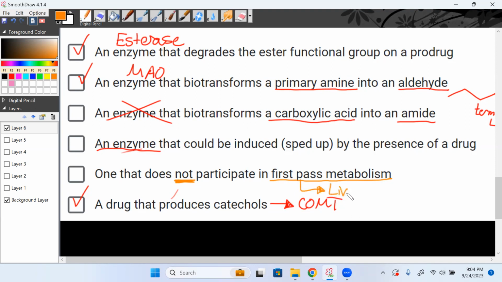In the liver, right? When drugs are absorbed from the gut, they go first to the liver to get metabolized, and then they get dumped into the blood. So if you do not participate in first pass metabolism, then you are not in the liver, which means that you are generally not there. Does that make sense? Any questions about those?